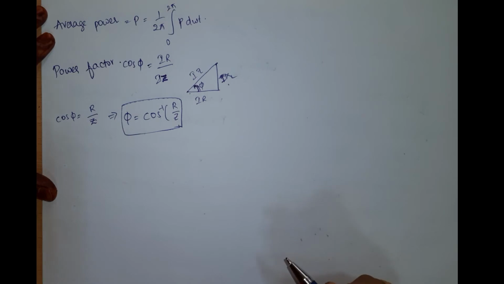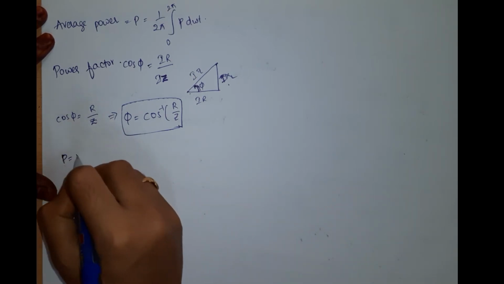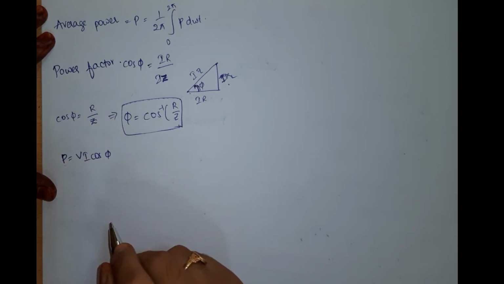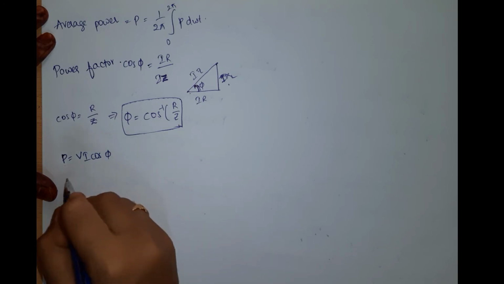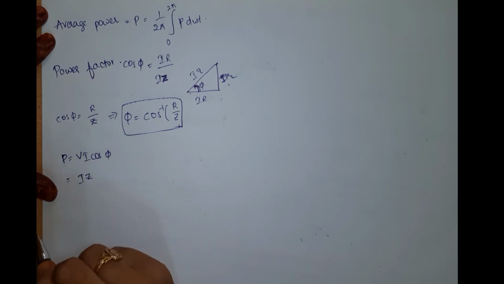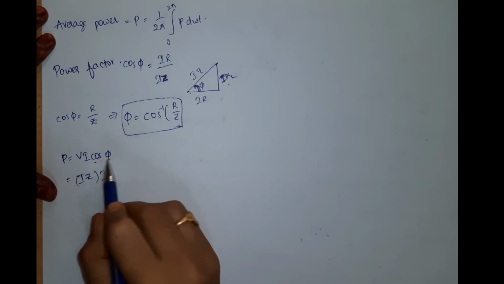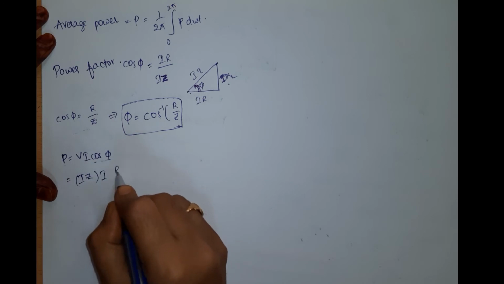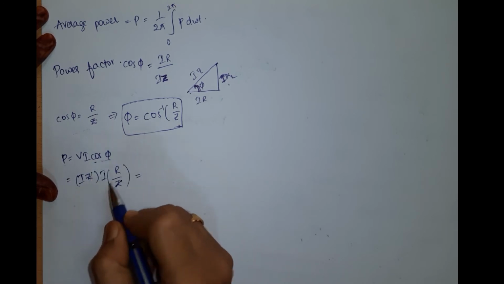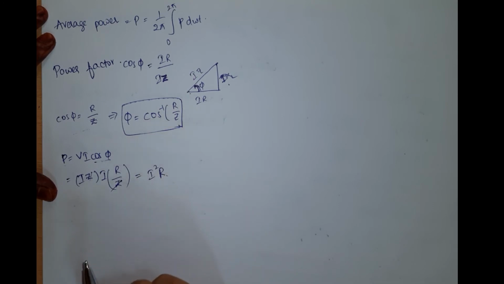Fine. So now from this we can write the power VI cos phi, right? VI cos phi can be written as, we know that V is nothing but I into Z, the total voltage, as well as cos phi is R by Z. So I can write the formula for power as I square R also.